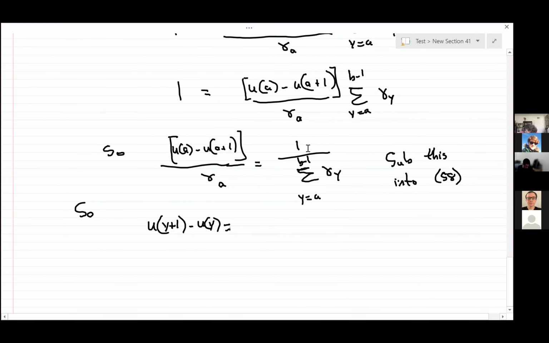So what we get is gamma y up top, and then we get this on the bottom.